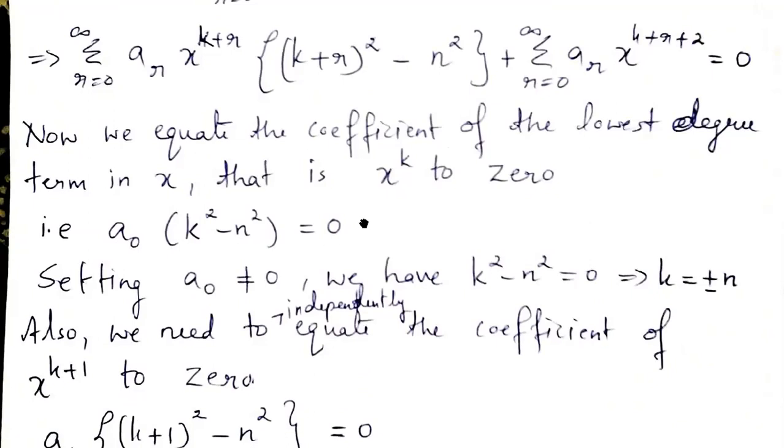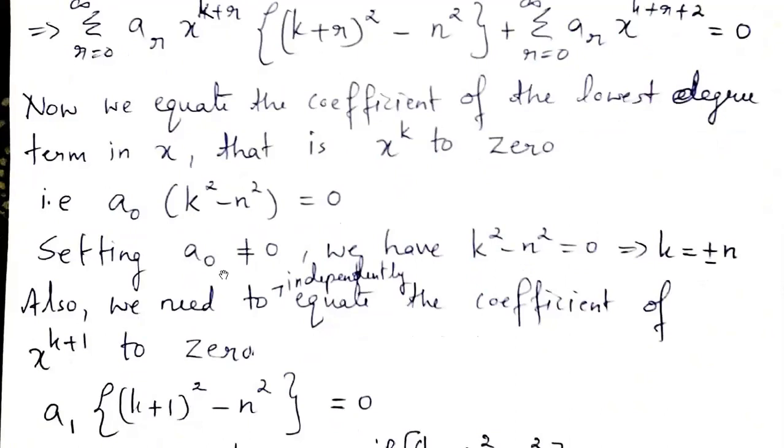Now in case of Frobenius method, what we have noted earlier here is the value of a naught should not be equal to 0. If the value of a naught should not be equal to 0, then how do we make this equation 0? Then the value of k square minus n square should be equal to 0.